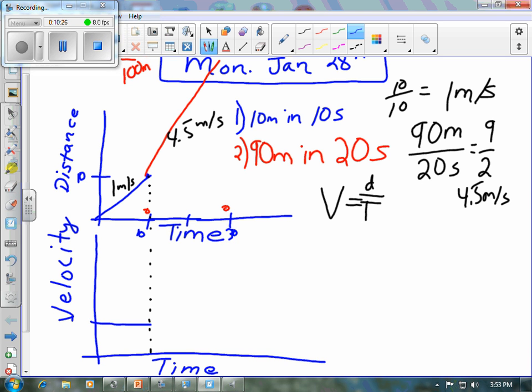There's 1 meter per second. And then it jumps up to 4.5 over here. So it will continue like that. So that's what the velocity versus time graph looks like. See, it's just a sudden instantaneous change.